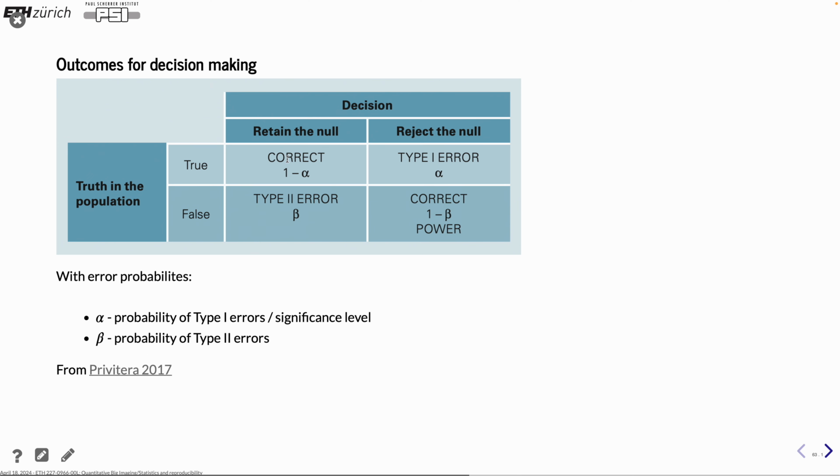And then the correct decision is 1 minus alpha. And the correct for the type 2 is then the power. If you want to read more about this, I recommend you to look in this Privitera book that tells more on this topic.